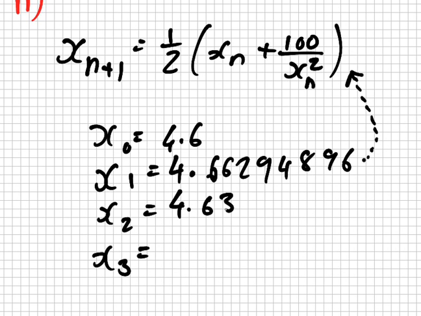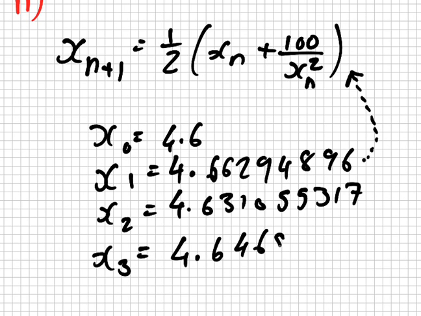You just forgot the square at the end. So you get 4.63105531. Okay, and then last one. I got 4.6468915558. And there you go.